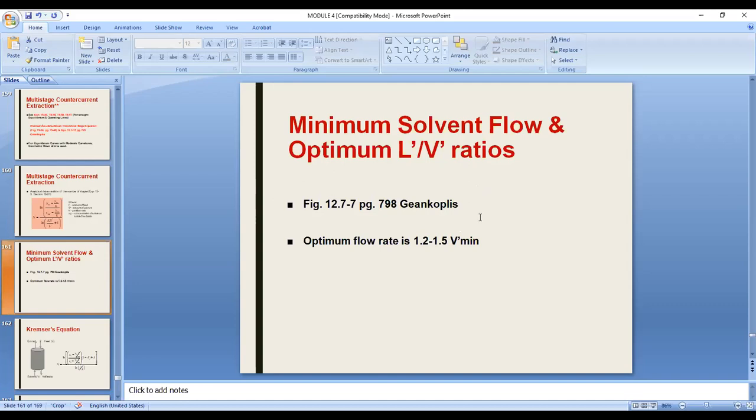Okay? You find the V minimum. If you want the optimum, you first find the V minimum and then multiply it by 1.5. The range here is 1.2 to 1.5 of the V minimum. We always use the higher range of value, and that is 50% of the minimum. Or that is 50% more than the minimum.